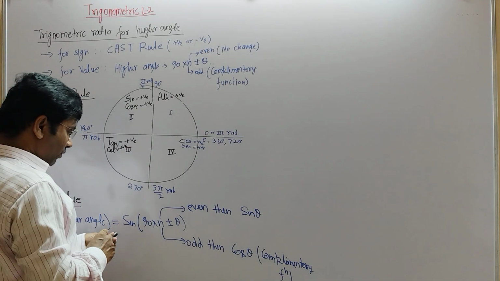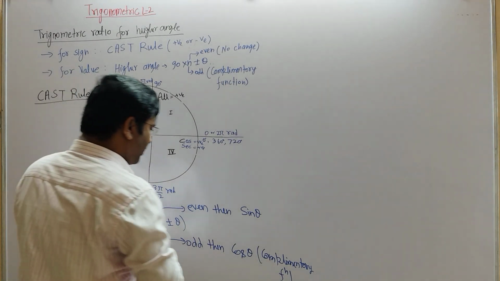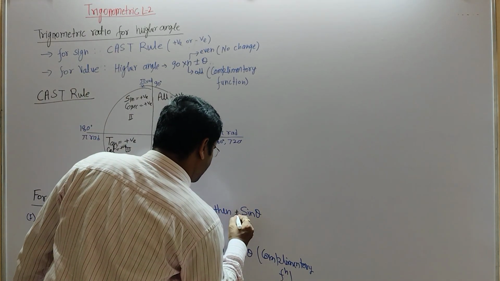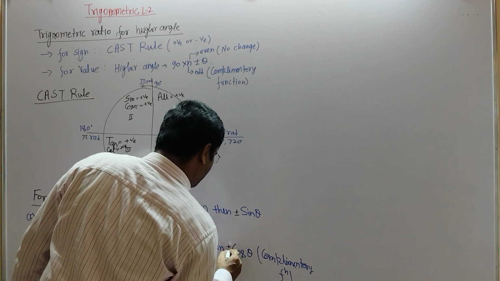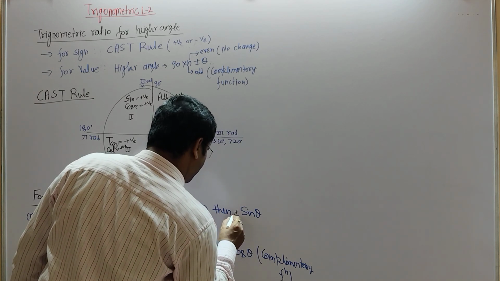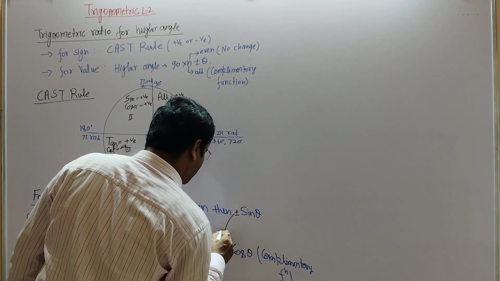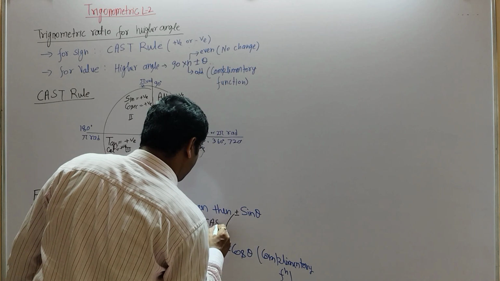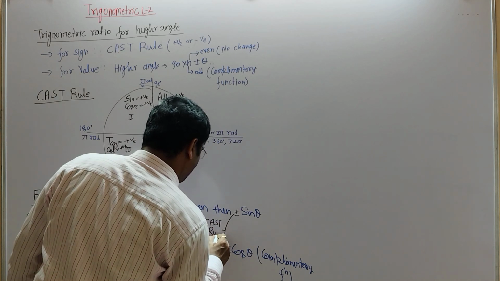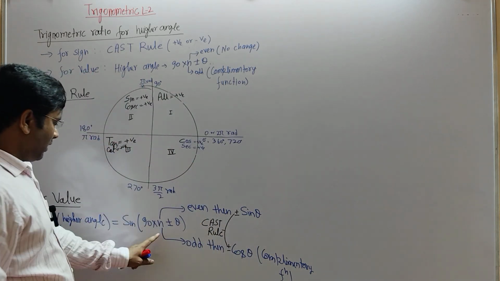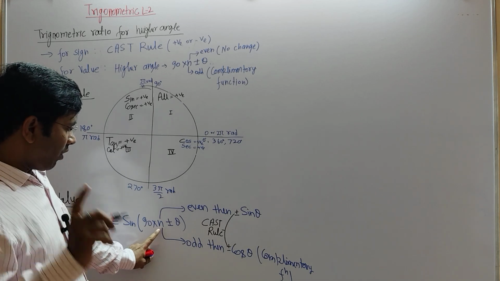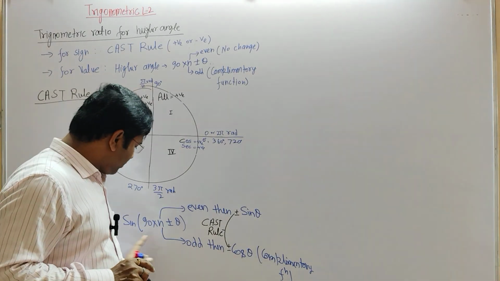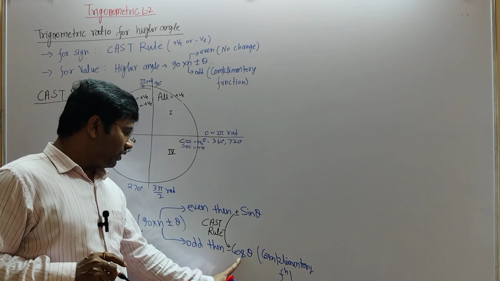Whether this will be positive or negative is decided based on the CAST rule. So if n is odd, sine will convert into cos.